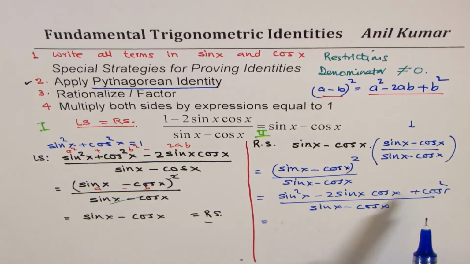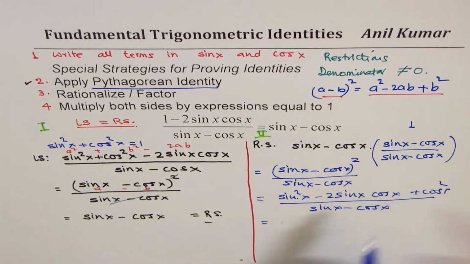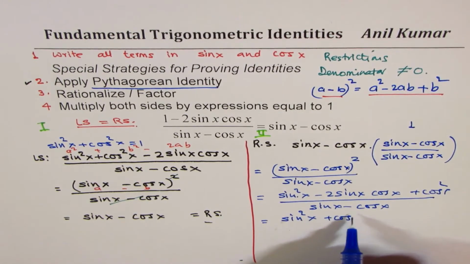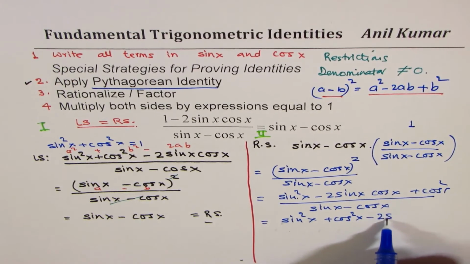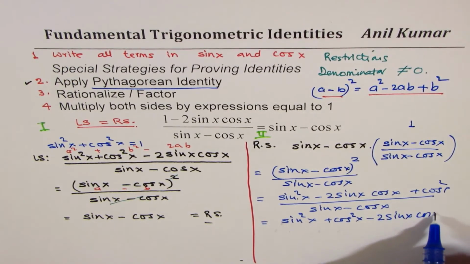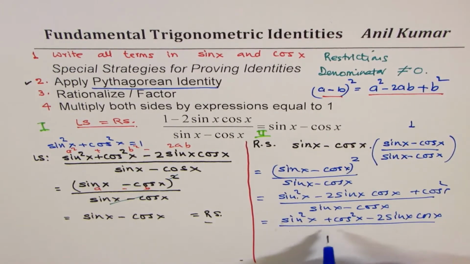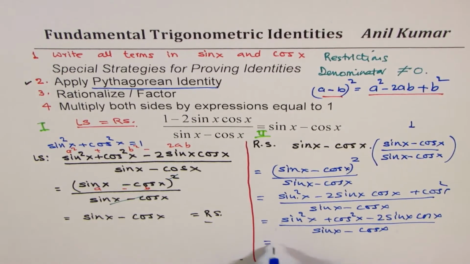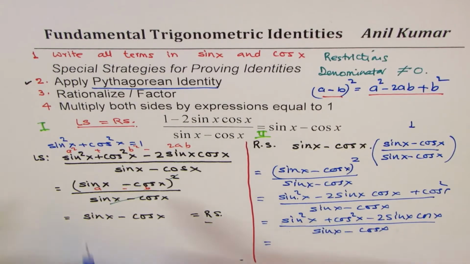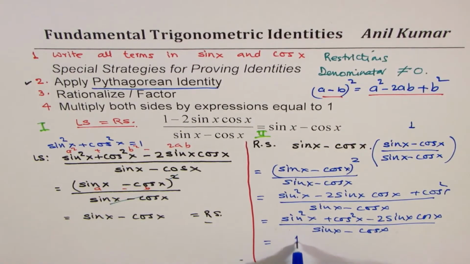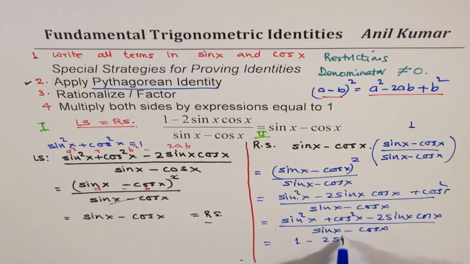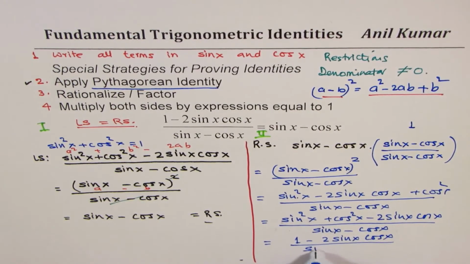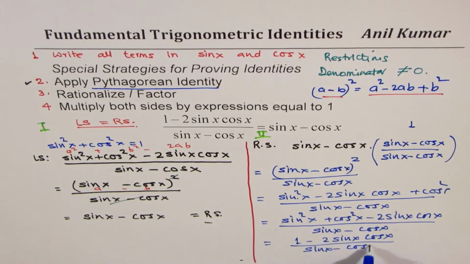In the numerator, we can combine the terms sin square x and cos square x. We get sin square x plus cos square x minus 2 sin x cos x, divided by sin x minus cos x. Now what is sin square x plus cos square x? We know it is 1. So we get (1 minus 2 sin x cos x) divided by (sin x minus cos x), correct?